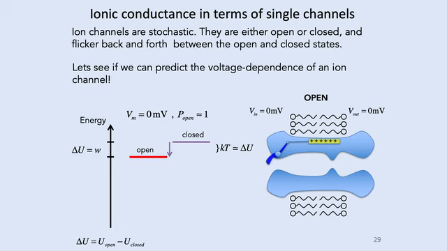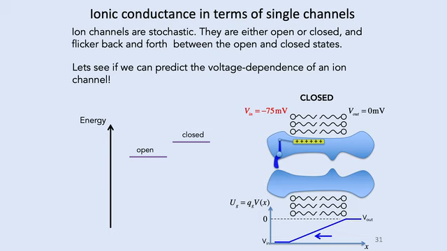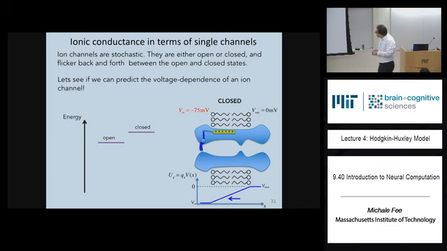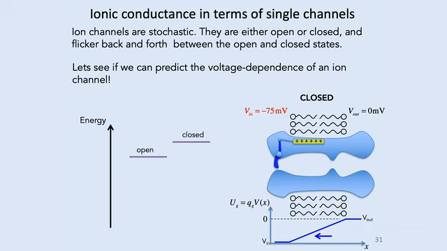Okay, now let's hyperpolarize the inside of our cell. So now the voltage inside is low. There's a voltage gradient, an electric field that is trying to push those charges in. Now you can see that those charges here are sitting at a lower voltage. So in the closed state, those charges are down here at a lower potential. What does that mean for the energy of the closed state when the cell is hyperpolarized? It's lower. Right?